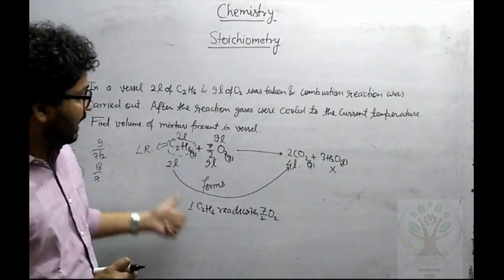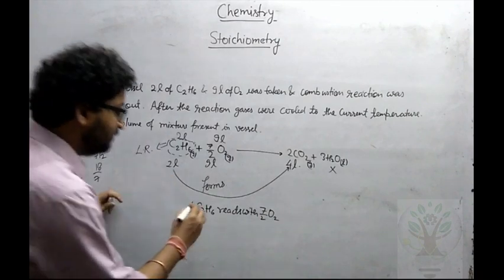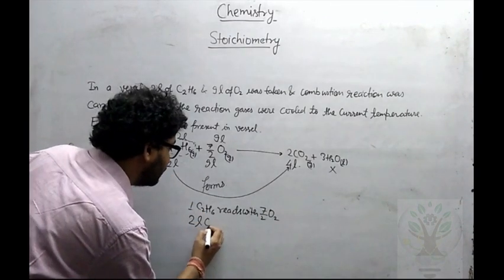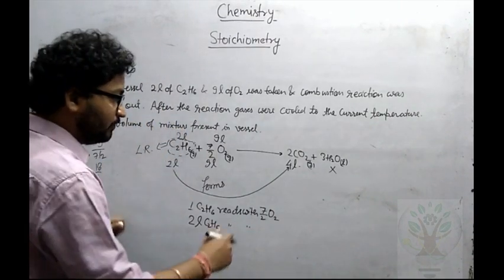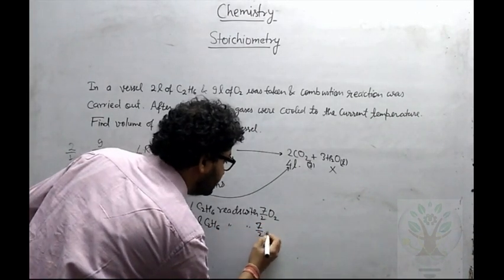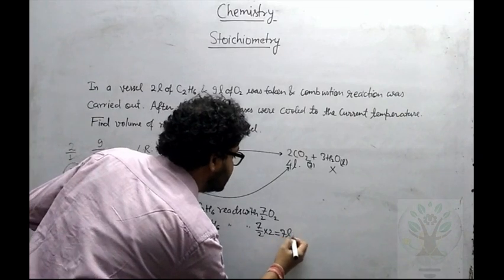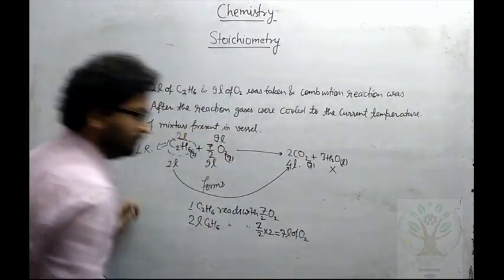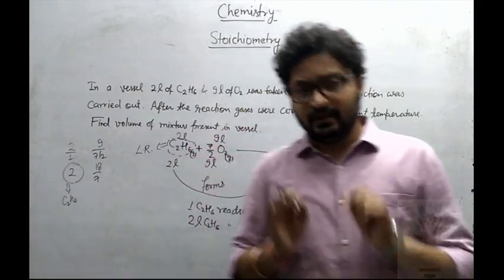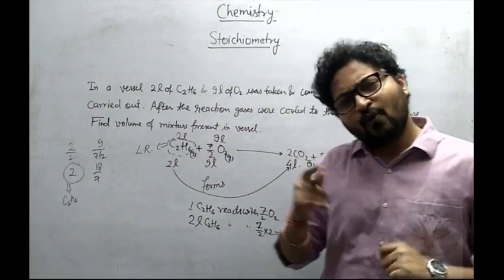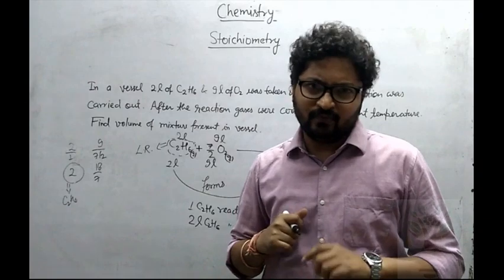Now, but how much C2H6 do I have? I have 2 liters of C2H6. So it will react with, can you tell me how many liters of O2? It will react with 7/2 into 2, that is 7 liters of O2. Means how much volume of O2 has reacted? 7 liters.